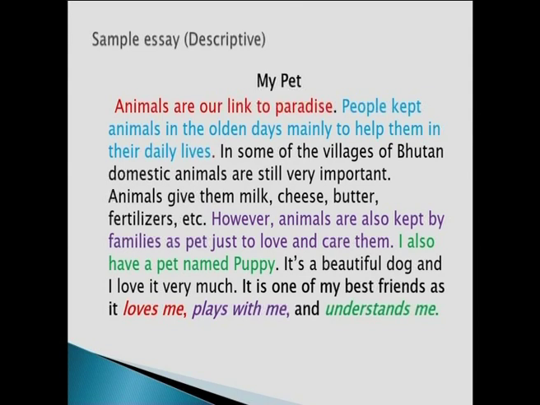So the second sentence actually has a general idea, because it is including everyone in this world. People kept animals. And then in the third sentence, in some of the villages of Bhutan. So already the idea is being narrowed down. So from world we have come to Bhutan.